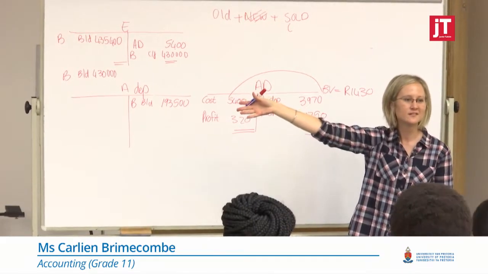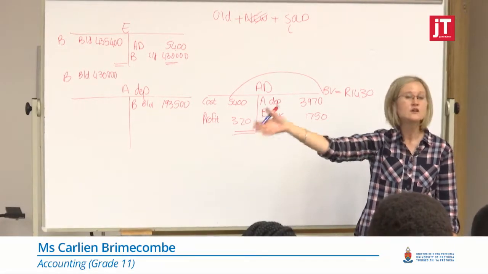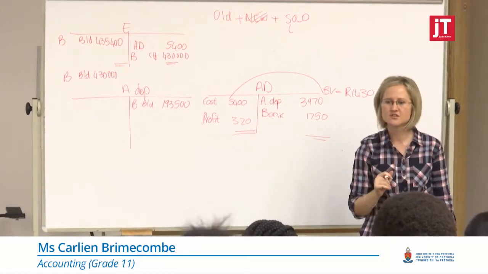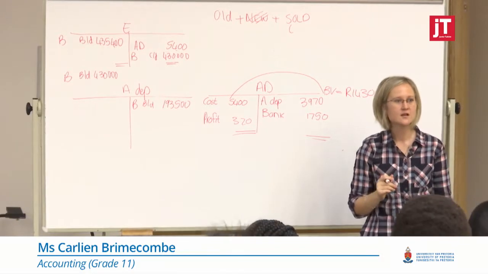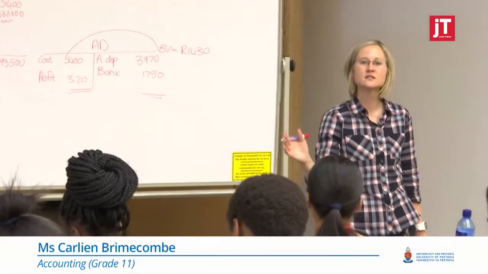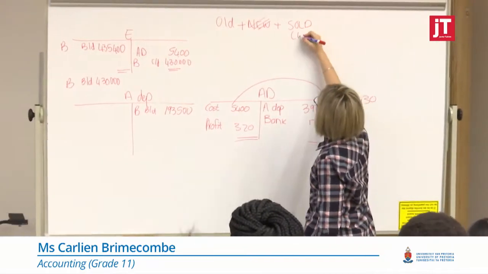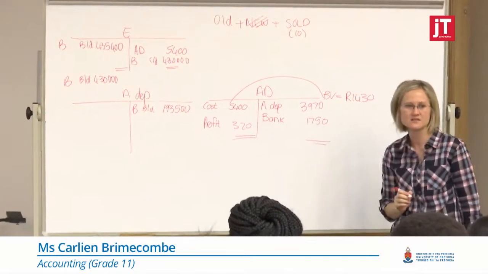How many months is left? So how many months do I need to calculate depreciation for? 10. Because we calculate from the beginning of the accounting period until the day that we have sold it. So if there's 2 months left in the year, I have to calculate it for 10 months.